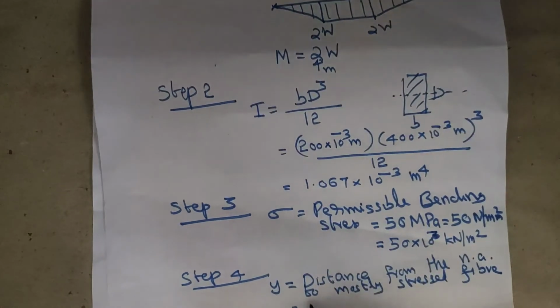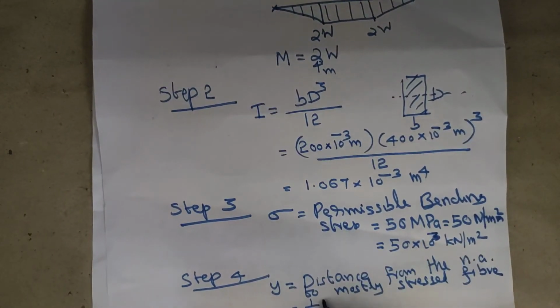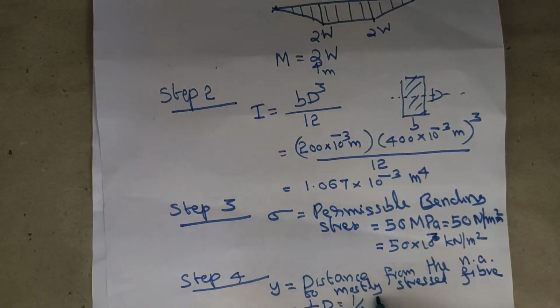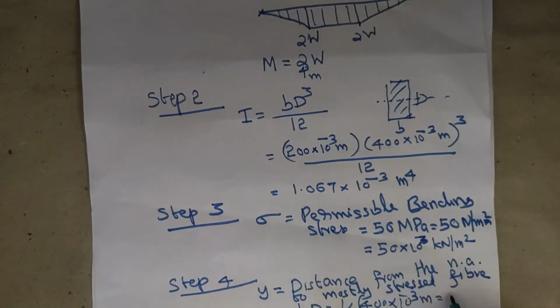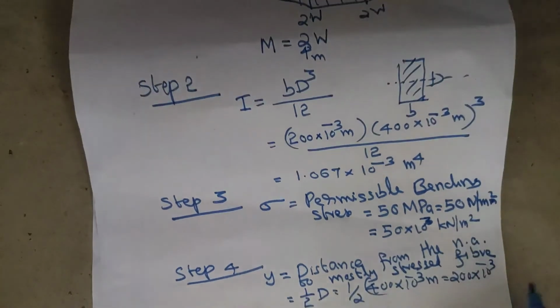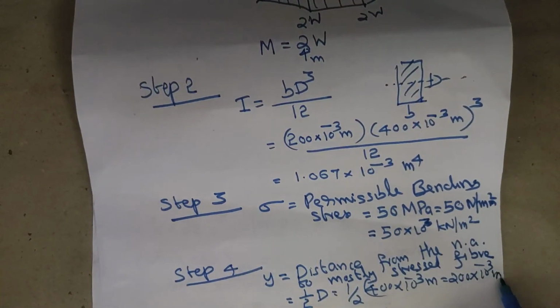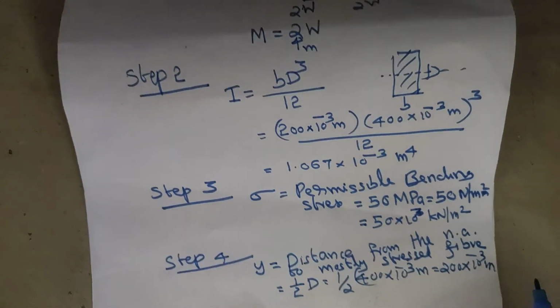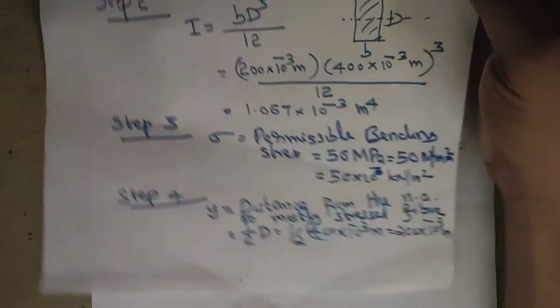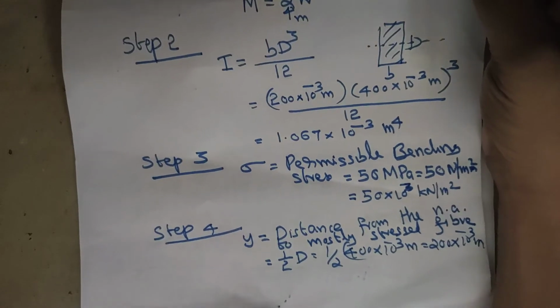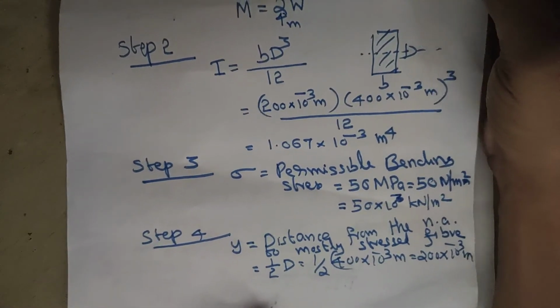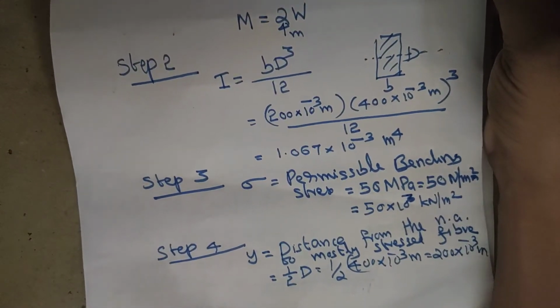Half depth, the depth is given as 400 millimeters. I am writing in meter, into 10 to the power of minus 3 meter. That's equal to 200 into 10 to the power of minus 3 meter. So that is the value of Y.